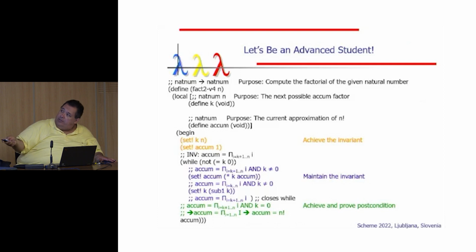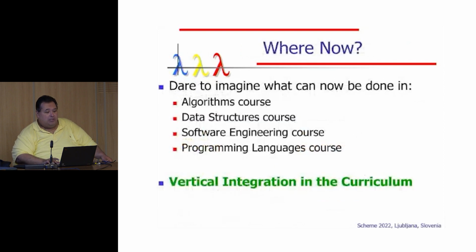And we introduce the basic idea: achieve the invariant with the initial set of mutations. Then you have your while loop, and you drag the invariant through the mutations. Make sure that the invariant is maintained, and then you use the invariant and the negation of the driver to decide what value should be returned. This is the hardest part of the course, by the way. But hey, students who actually put in the time really turn in code that's bug-free. And these students appreciate that.